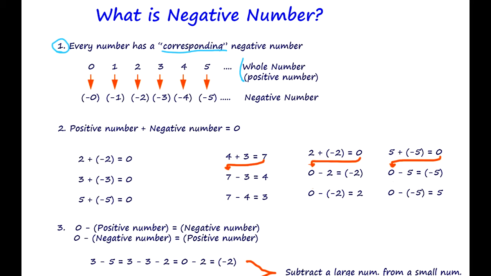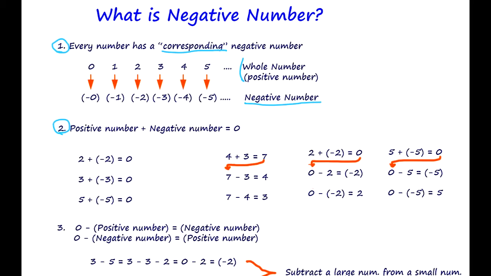We never used negative numbers before. Your child learned everything about whole numbers, but suddenly now we have negative numbers. So what is this negative number for? What's good about it?